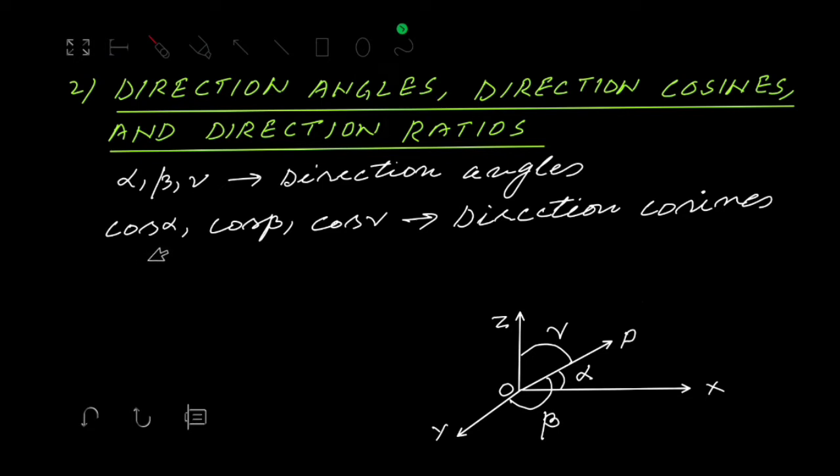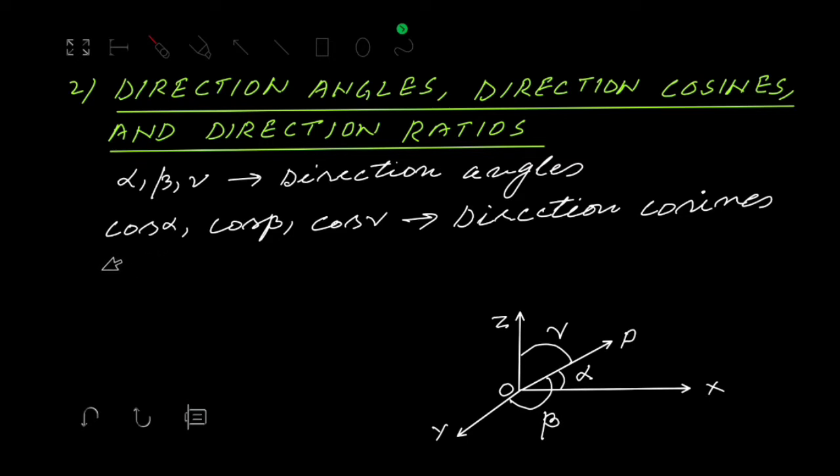So, if we divide or multiply all the three direction cosines by any particular number, then the resulting numbers are said to be direction ratios because those numbers will be in the same proportion as that of direction cosines.